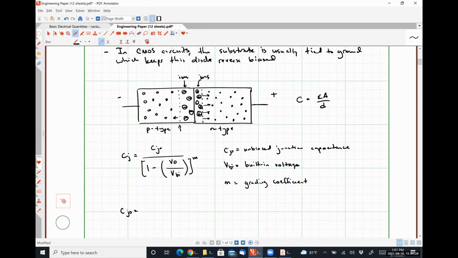So Cj naught is epsilon A times the square root of (Q over 2 epsilon Vbi multiplied by Na Nd over Na plus Nd), where epsilon is the permittivity of the material.